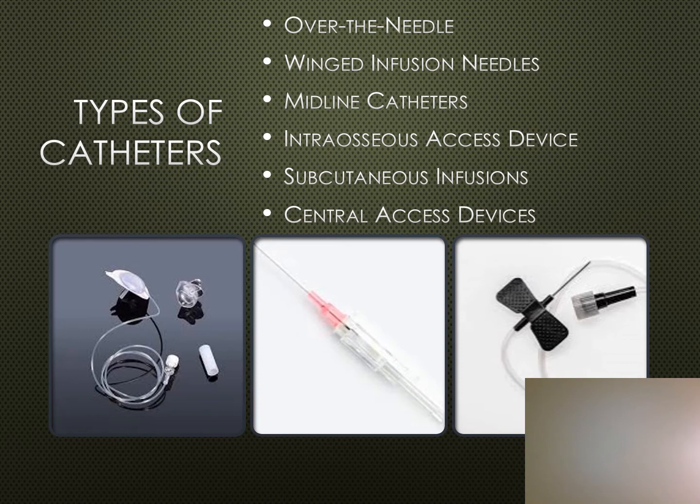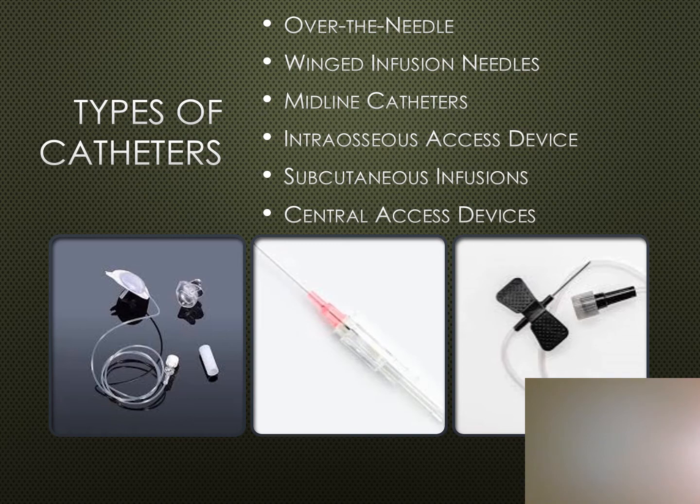There are several different types of central access devices. We have the peripherally inserted central catheter, or the PICC. Now this one's a little confusing because it's in the arm versus being in the upper chest or neck. So it goes through the peripheral vein in the upper arm, and then the long catheter is then advanced to the superior vena cava.